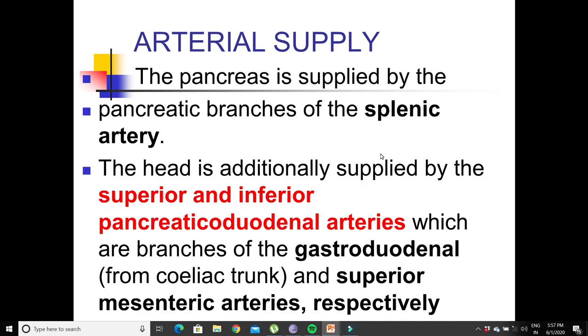Regarding the arterial supply, pancreas is supplied by the pancreatic branches of splenic arteries, while the head gets additional arterial supply, that is by the superior pancreaticoduodenal artery, a branch of the gastroduodenal artery from the celiac trunk, while the inferior pancreaticoduodenal artery is from the superior mesenteric artery.